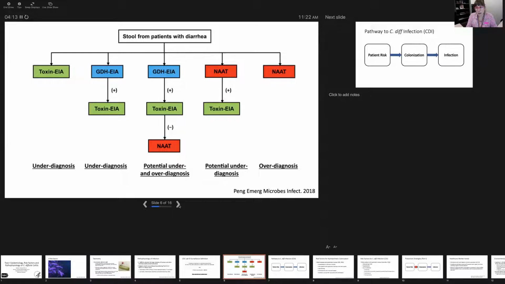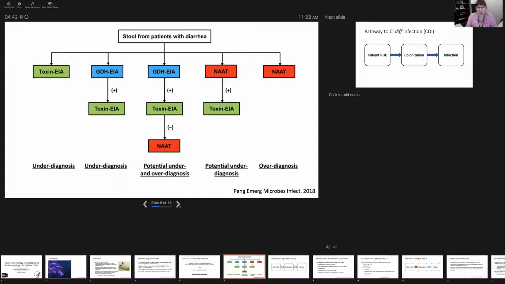Now, the surveillance definition, as we previously discussed, is going to be completely agnostic to what's clinically going on with the patient potentially, but you as the clinician should know whether you are potentially overdiagnosing in your hospital or potentially underdiagnosing if only the toxin is being sent.